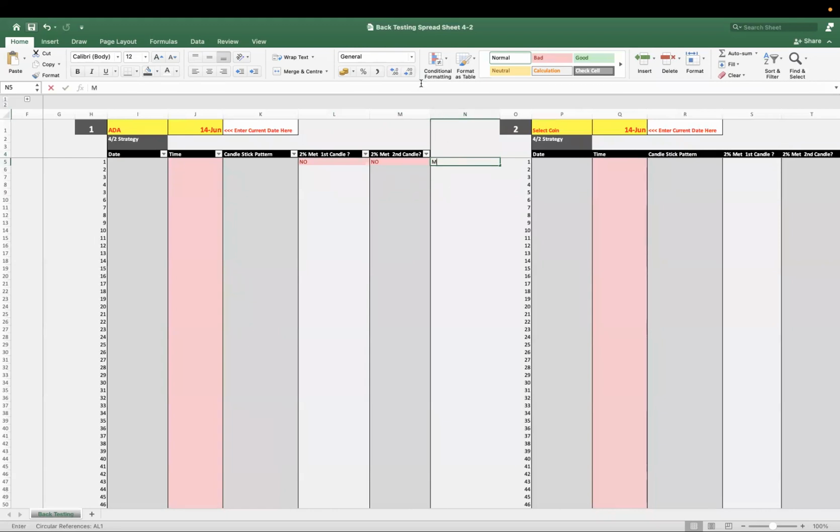Maybe met target on third candle. Met target on third candle.